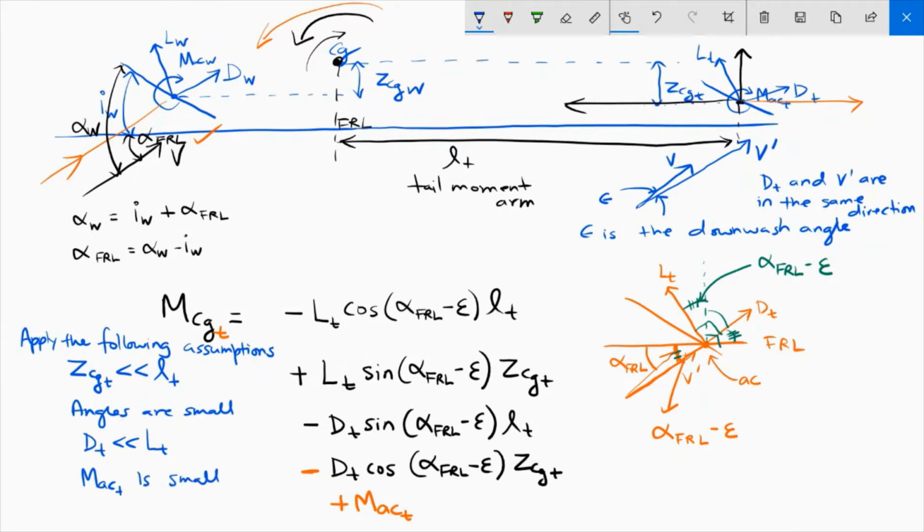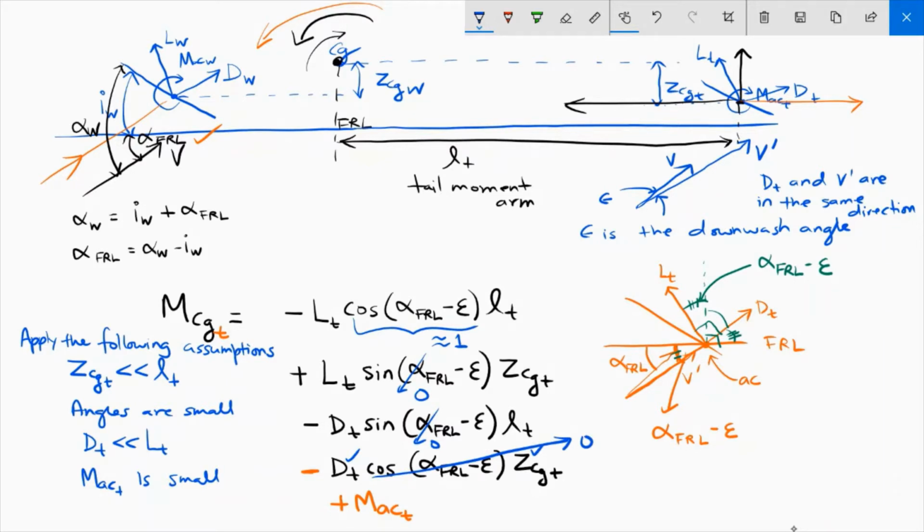So how do these assumptions modify this equation? Let's see. If the angle is very small, then cosine of the angle is simply going to be equal to 1, and sine of the angle is going to give us 0. So 0 here. And we have already said that dt is small and z cgt is small. So we are multiplying two small quantities, so we can also neglect this term.